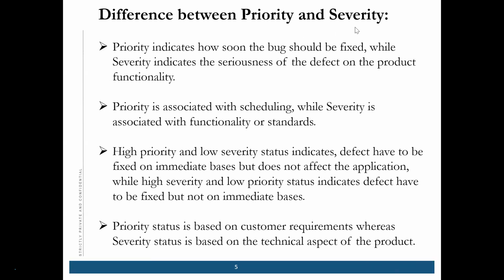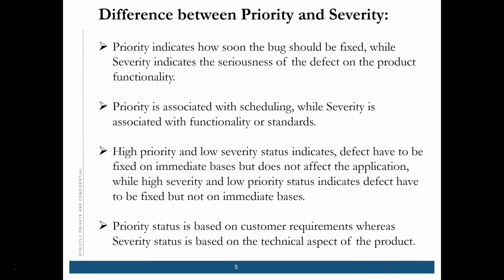Correct. So, any doubt in this priority and severity? Everyone understood that priority is the scheduling, how soon that defect should be fixed, and severity depends upon the functionality, how difficult that functionality is to resolve.